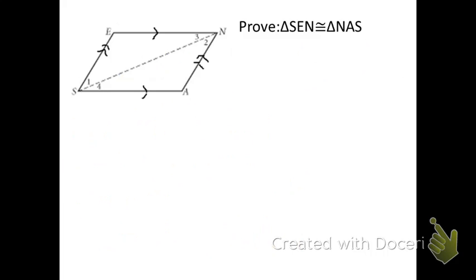So I know that SE is parallel to AN, and that's given. And whenever you see parallel lines, look for corresponding angles or alternate interior angles. So let's extend these two parallel lines out.